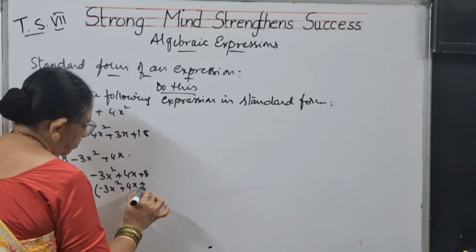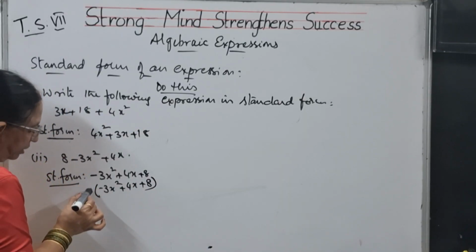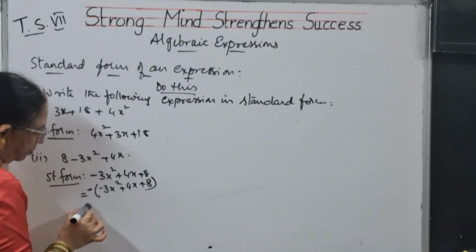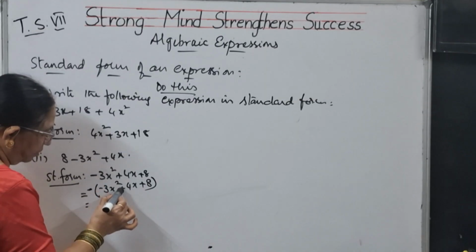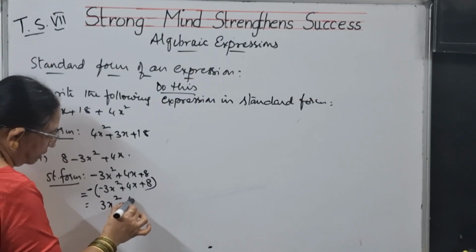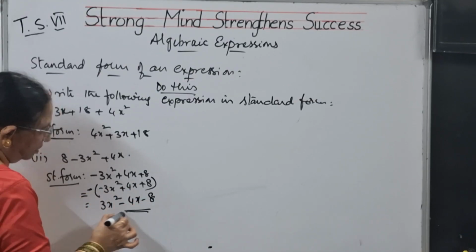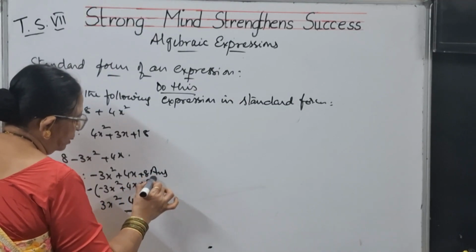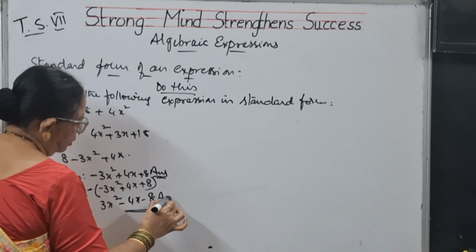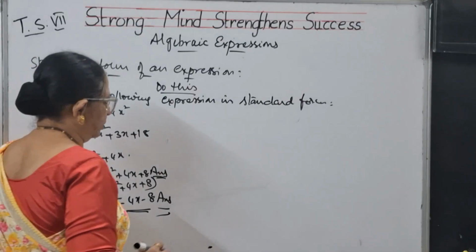Minus into minus, plus 3x square; minus into plus, minus 4x; minus into plus, minus 8. So this can be considered as your answer, or directly you can write this as the answer. Okay, next, third bit.